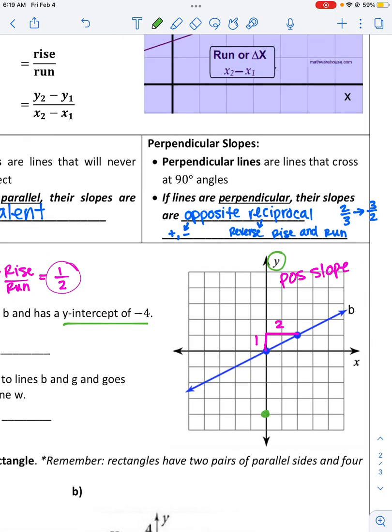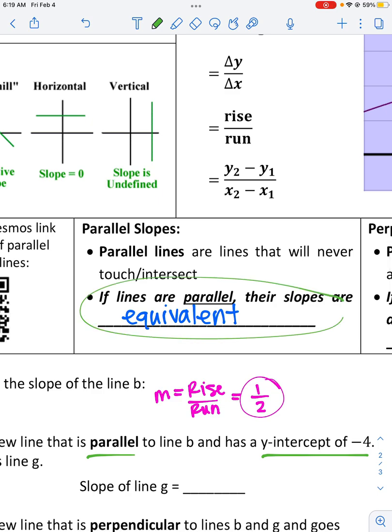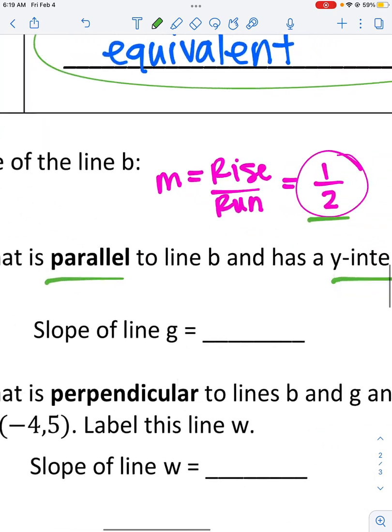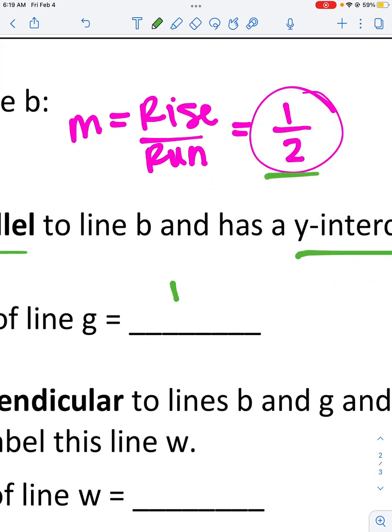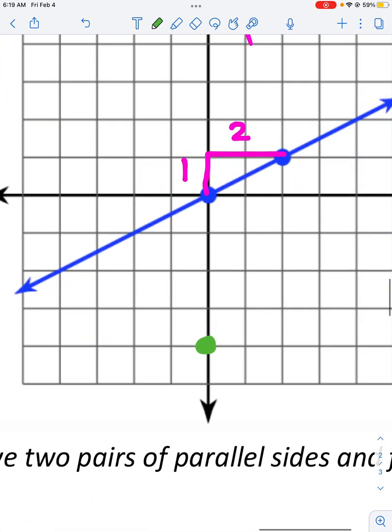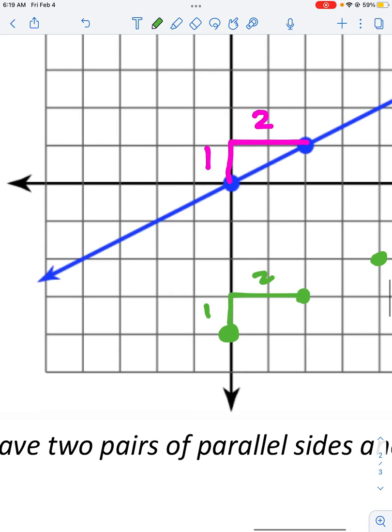And then if it's going to be parallel, it's going to have the same slope. So since line B had a slope of 1/2, my new line, I'm going to call this line G, has a slope of 1/2 also. So that means I'm going to have a rise of 1 and a run of 2 to connect my next point. And then I would be able to keep on going up 1/2, and we can reverse that.